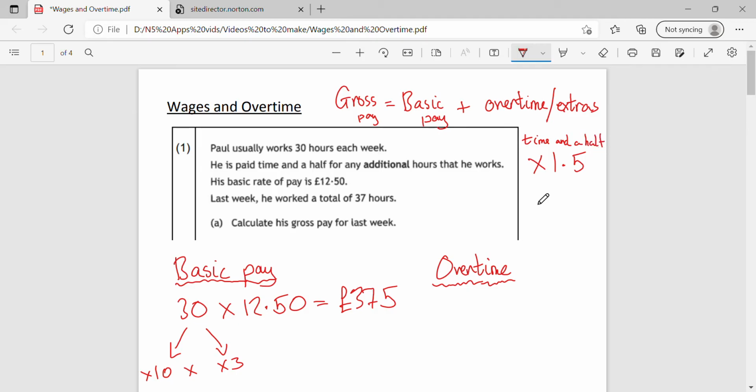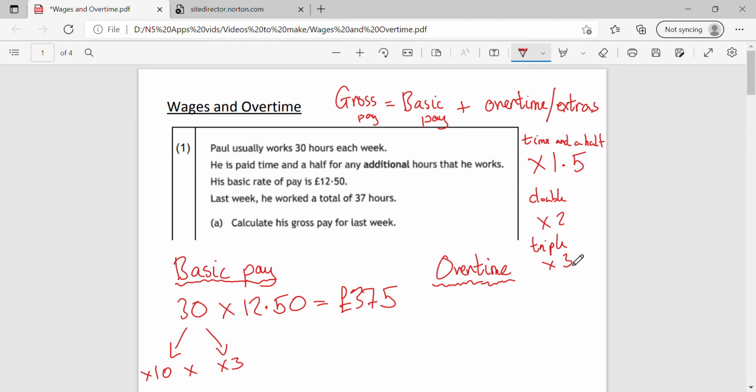Then we might get double time. So that means obviously it doubles. Potentially you might get triple time, and that would obviously mean that the hourly rate is multiplied by 3. But there's also another way to consider it. If you were working time and a half, that means, for example, if you worked 10 hours overtime, you would get paid for 10 hours plus a half of that, which would be 5.